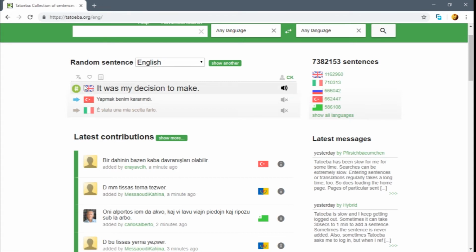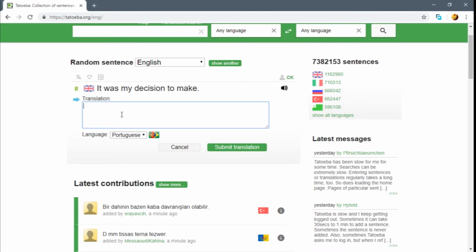So anyway, I'm gonna translate this to Portuguese. You guys will see me typing in Portuguese. The translation in Portuguese would be: foi minha decisão fazer. That would be my translation. Was my decision to make. Foi minha decisão.